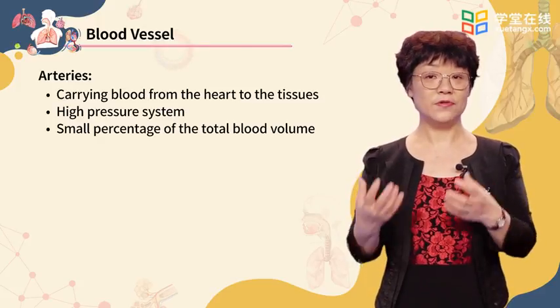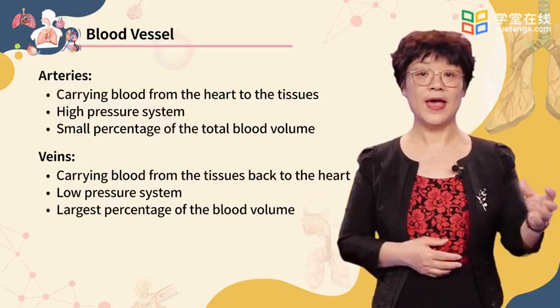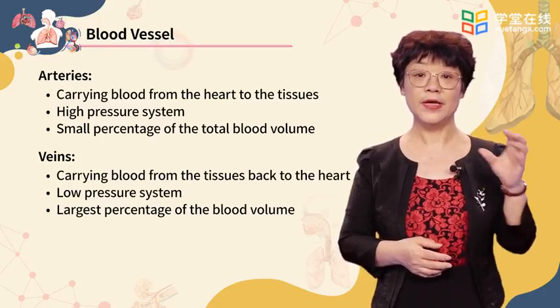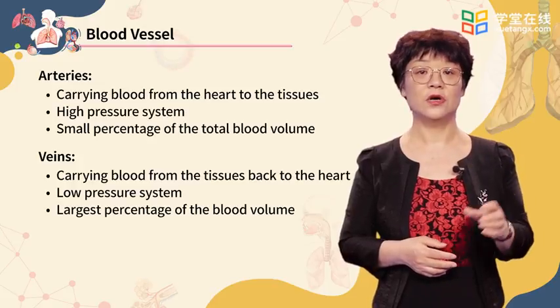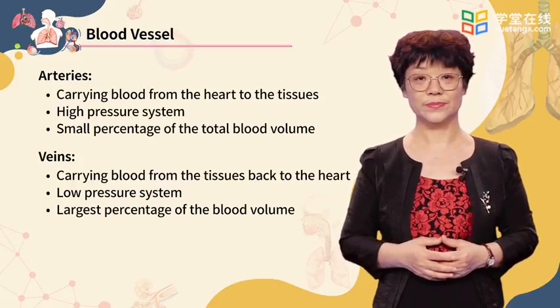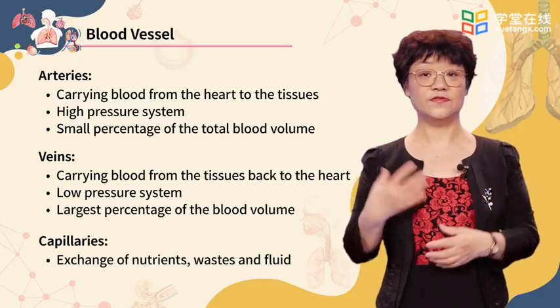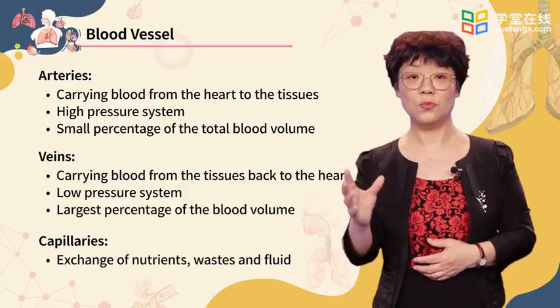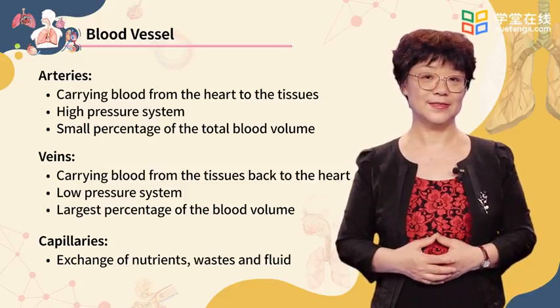The veins carry blood from the tissues back to the heart. They are under low pressure and make up the largest percentage of the blood volume. Exchange of nutrients, waste, and fluid occurs across the walls of capillaries.